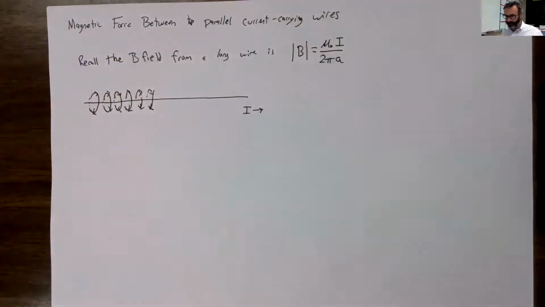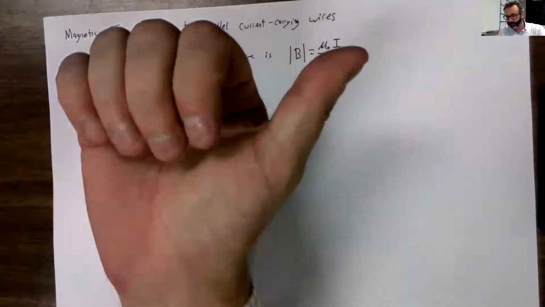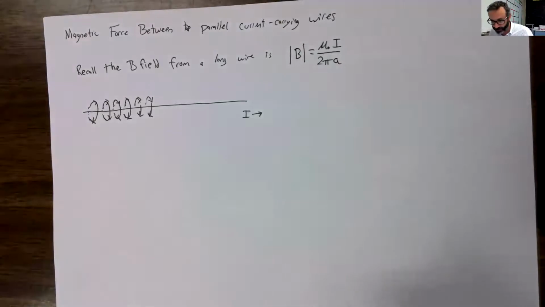And remember, there's a shortcut right-hand rule. If you put your thumb in the direction of the current, your fingers will curl around in the direction of the loops around the wire.